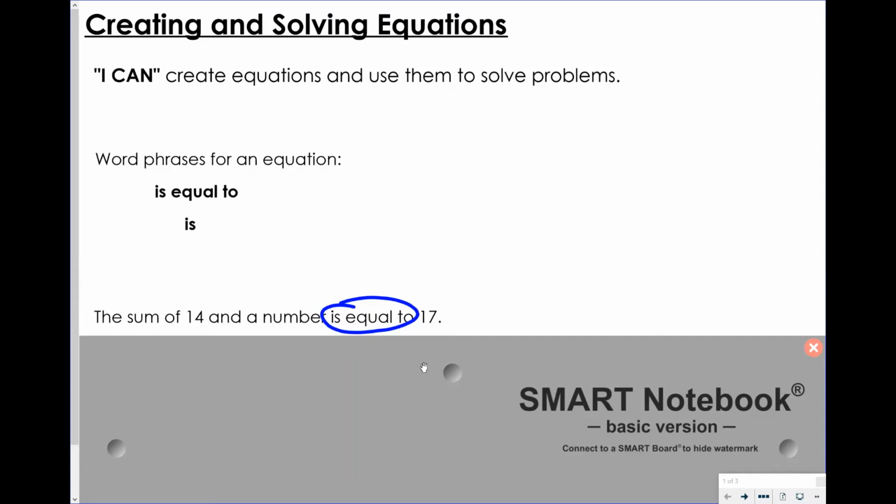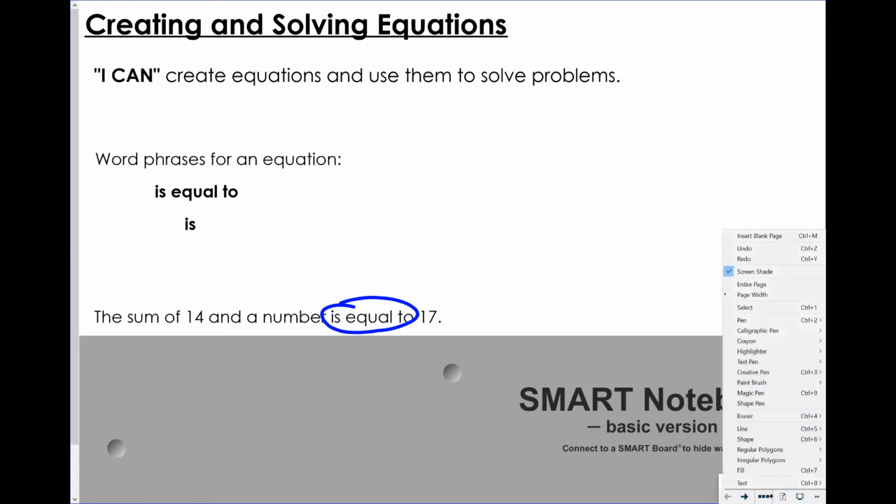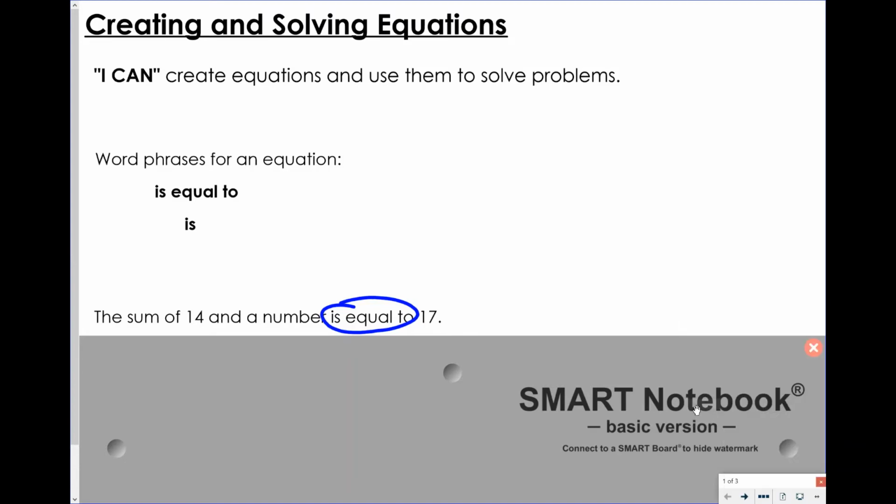Well, you see sum, and I forgot to circle that. So you see sum, and then you also see is equal to.